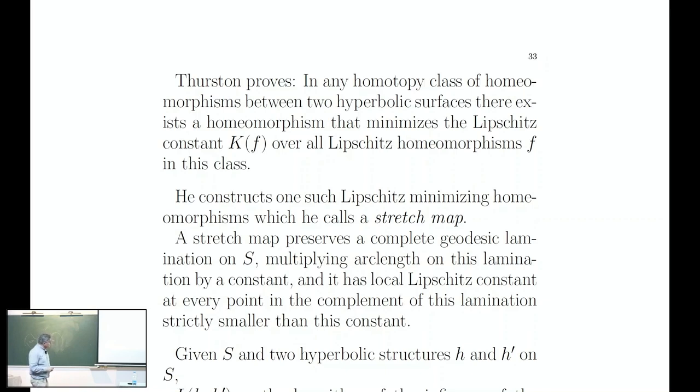I'm giving you some of the properties of these stretch maps. It preserves a complete geodesic lamination. Forget the word complete, but today I explained to you what a geodesic lamination is. It multiplies the arc length on this lamination by some constant.